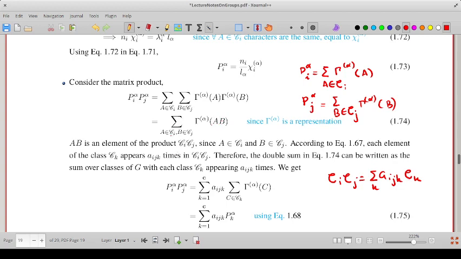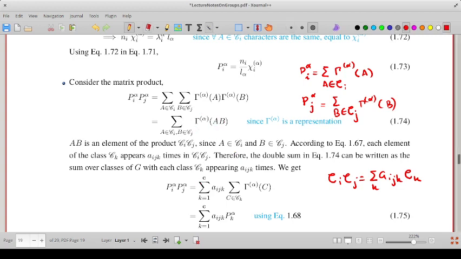So instead of performing the sum individually over classes Ci and Cj, we could take a sum over the classes Ck, and every element in class Ck will appear aijk times here.